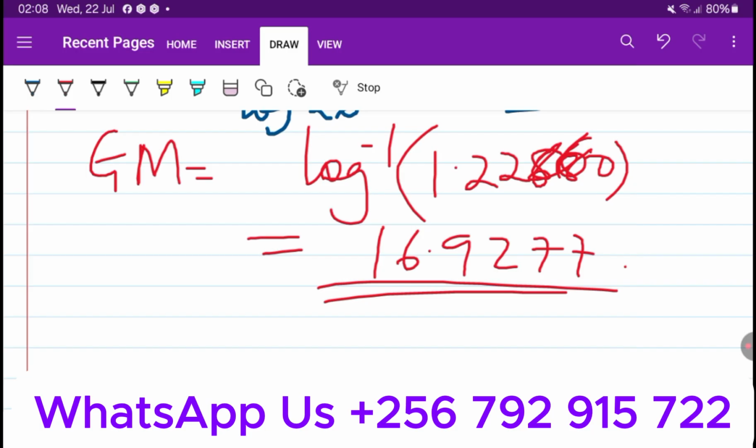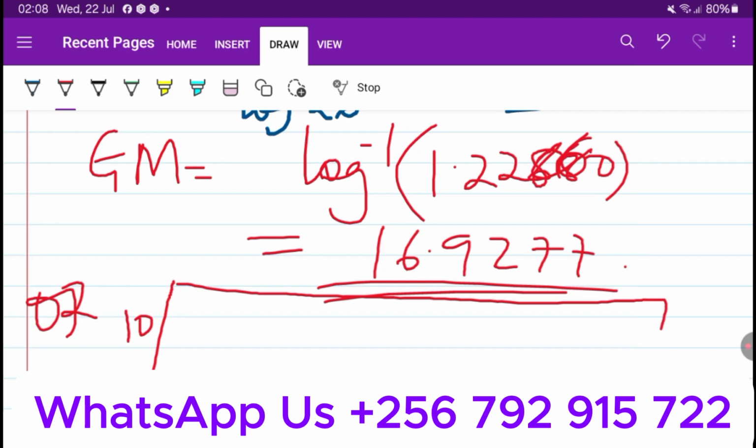But if you choose to multiply these values, if you want to get it in the other way, it will be the 10th root of the product.